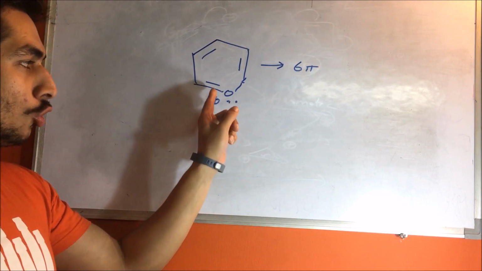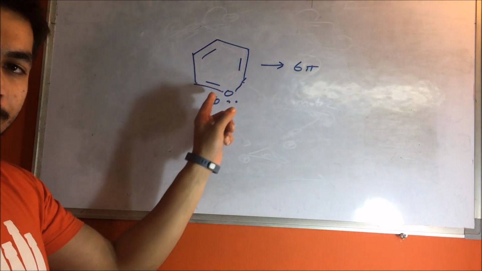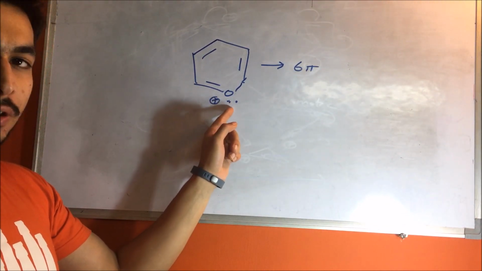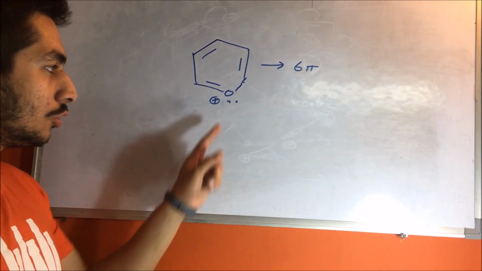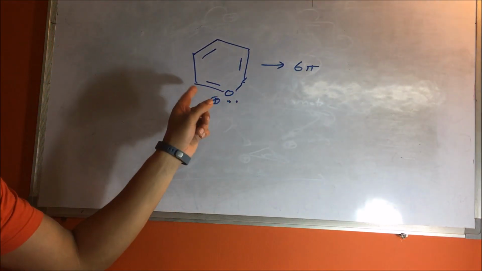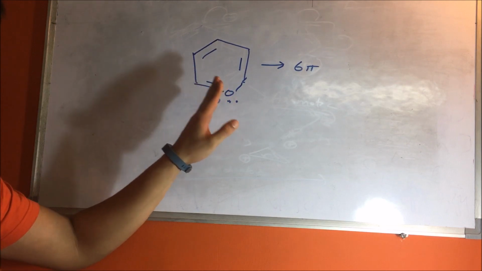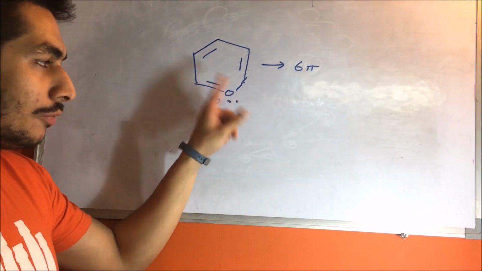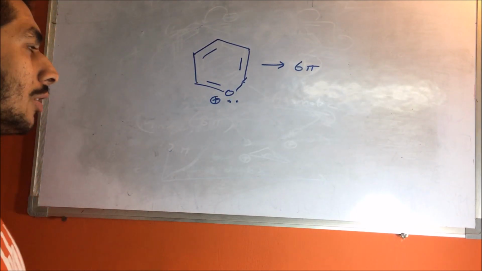Okay, so one of the lone pairs has already participated in the resonance process, but we have one lone pair present. So this lone pair is not going to participate again, because it is already forming a double bond with the carbon. So one of the p orbitals is already participating in the resonance process. So another lone pair will not participate in bonding, and it's aromatic.